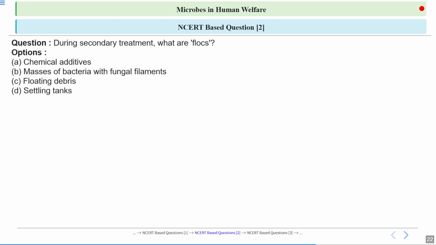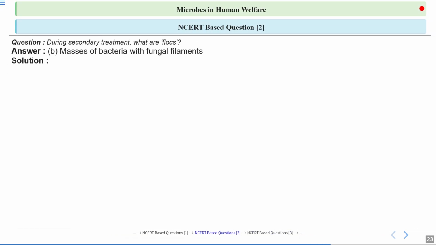What is the correct answer here? So let's have a look at the answer. See, option number B, masses of bacteria with fungal filaments. This is the correct answer.